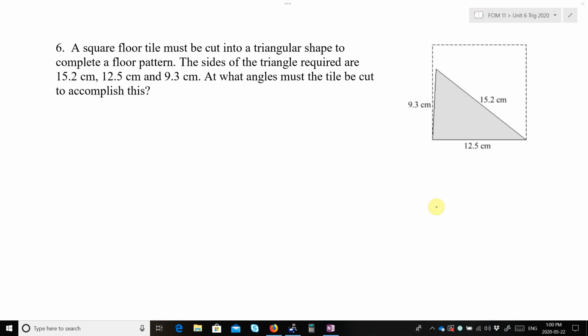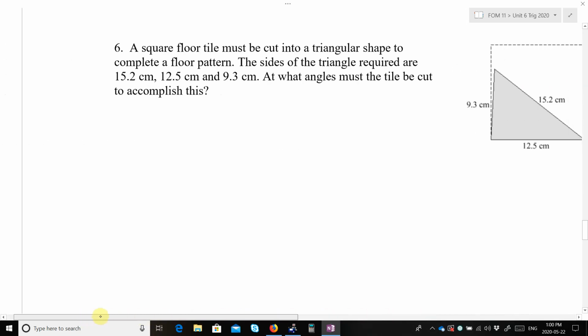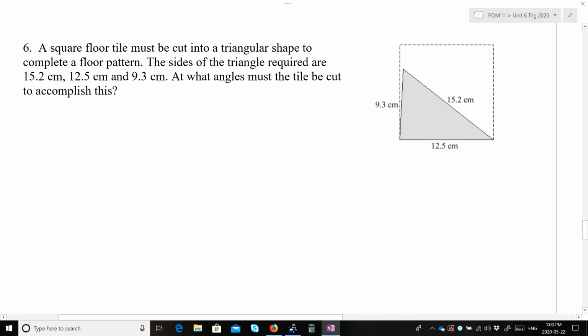So they want us to find all of these angles. This angle, this angle, this angle, and this angle. Okay, so it doesn't really matter where you start.